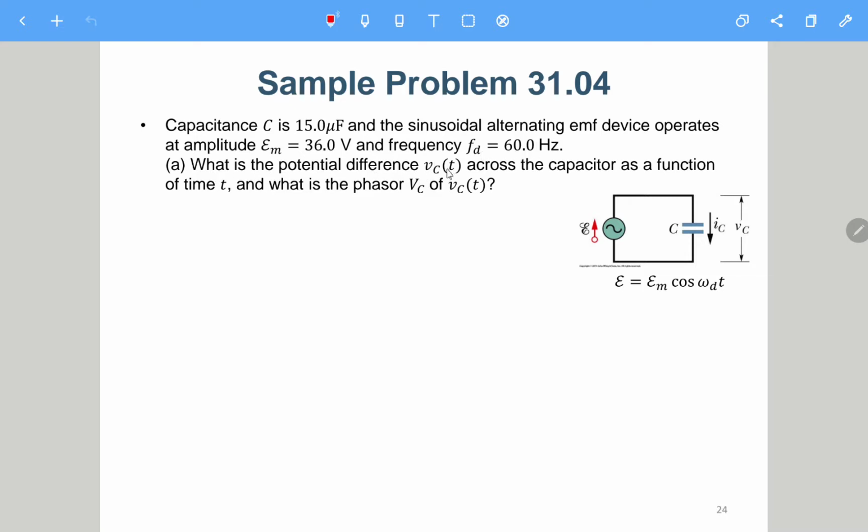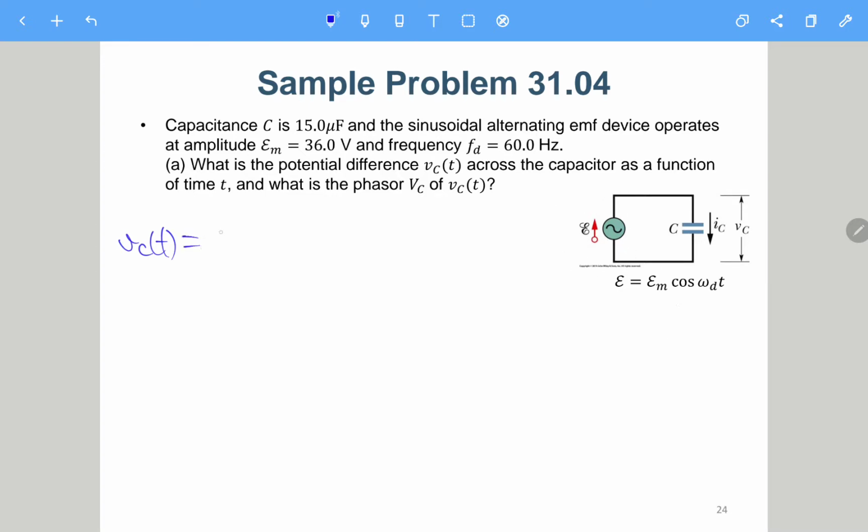What is the potential difference V_C across the capacitor as a function of time, and what is the phasor V_C? V_C is actually the same as the previous case, because the source is actually the same.